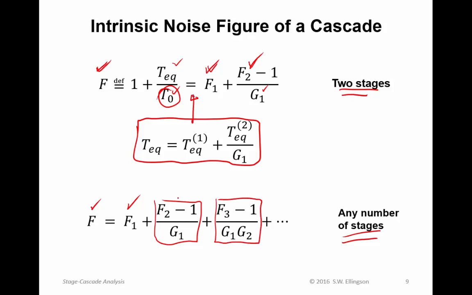So for each subsequent stage we see a fraction, where the numerator is noise figure minus 1, and the denominator is the gain of the cascade that precedes that stage. So for the second stage it's just G1, for the third stage it's G1 times G2, and so on.